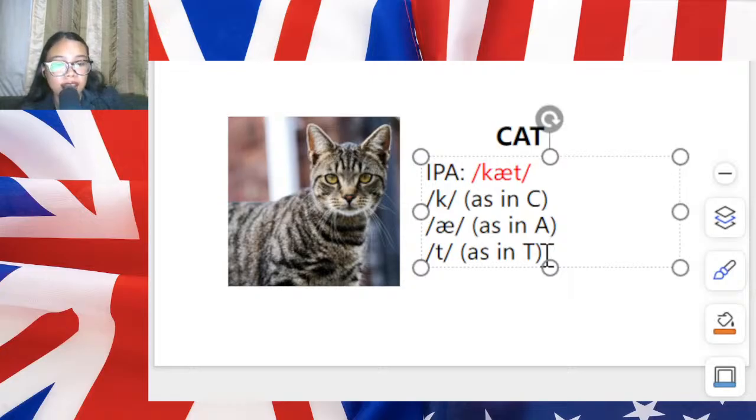This highlights how the IPA focuses purely on the sound itself, while C can sometimes make an S sound, like in city or seas, and many more.